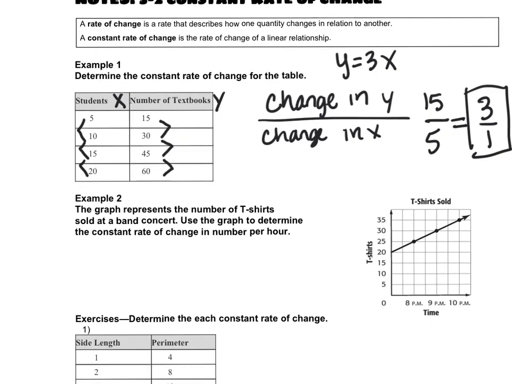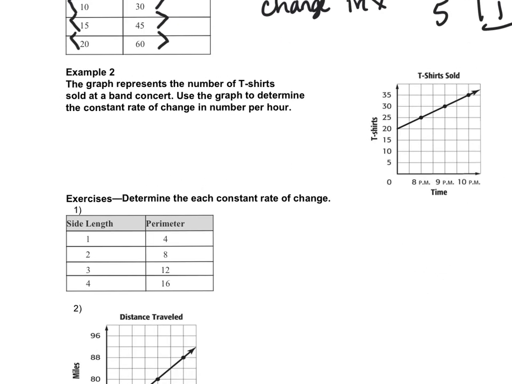Okay, so example 2: the graph represents the number of t-shirts sold at a band concert. Use the graph to determine the constant rate of change. We're going to make our own chart. This is our X, and this is our Y. Our first point would be at 8 p.m. there were 25 t-shirts sold.